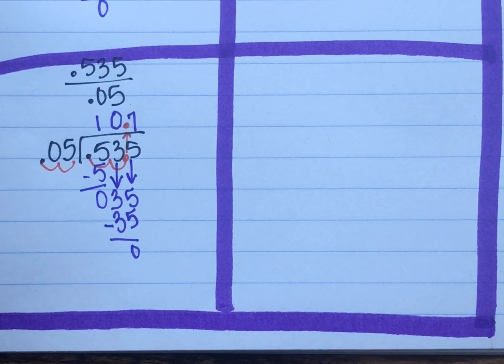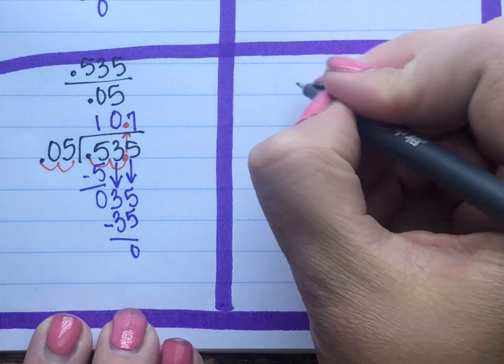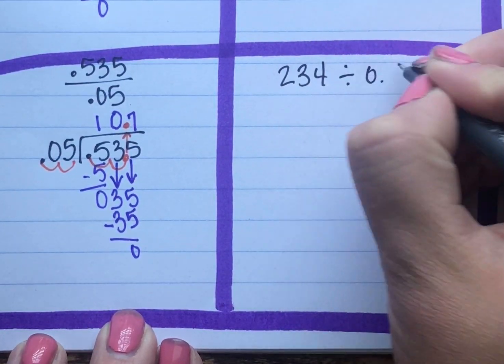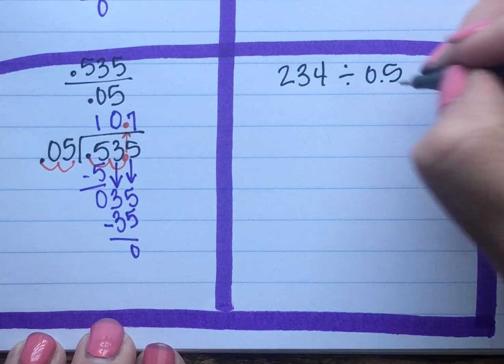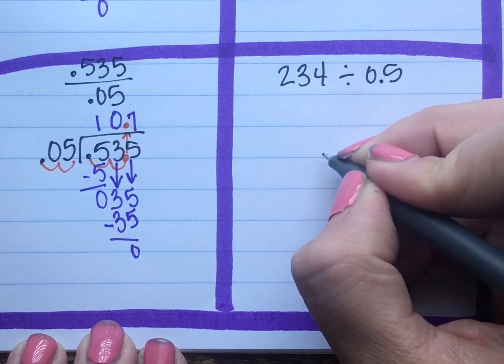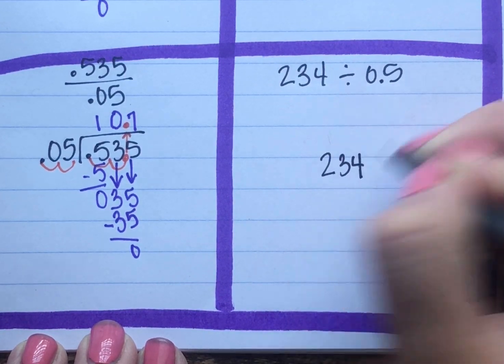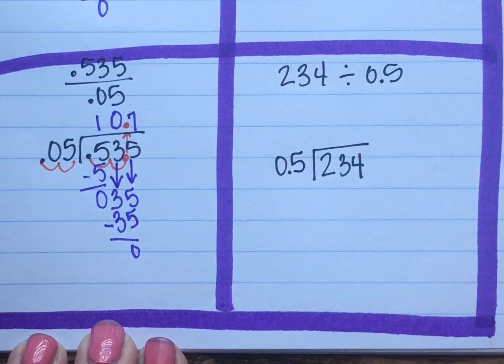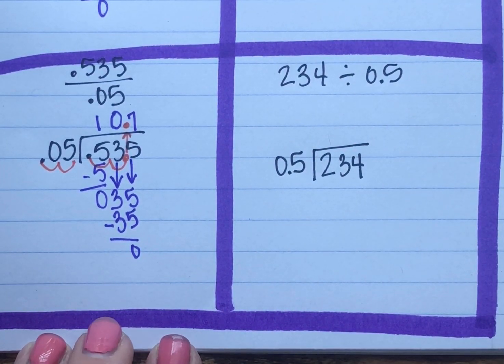Our last example is 234 divided by 0.5. So again, the 234 is my dividend divided by my divisor.